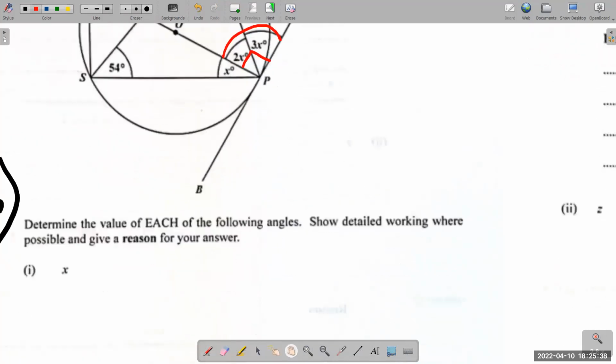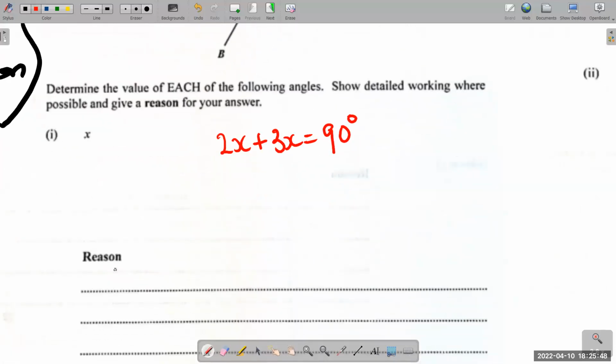So here's how your working should look. 2X plus 3X is equal to 90 degrees. And what is your reason going to be? What's the angle between? What are the two things the angle is between? The radius, very good, and what?